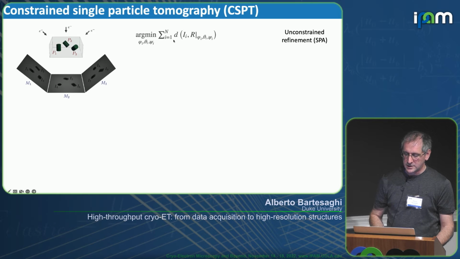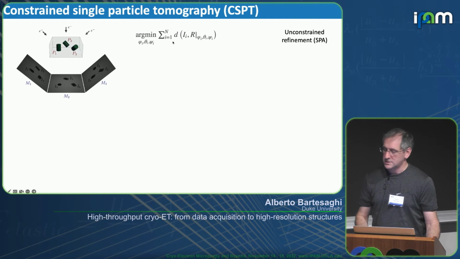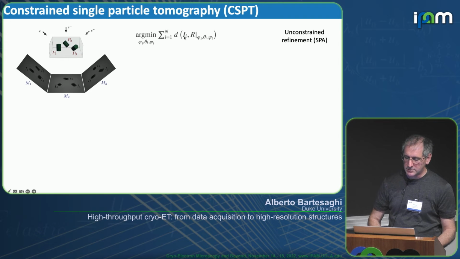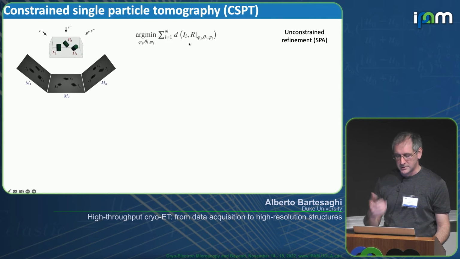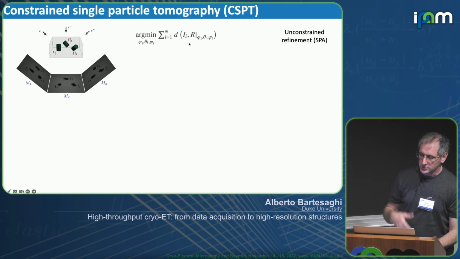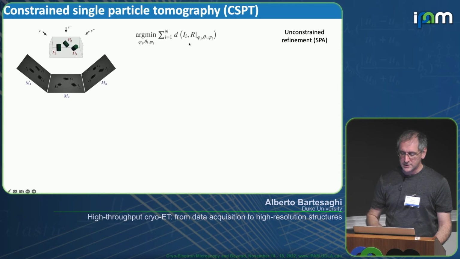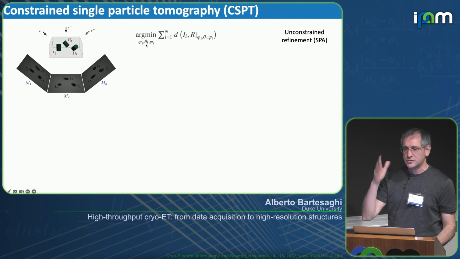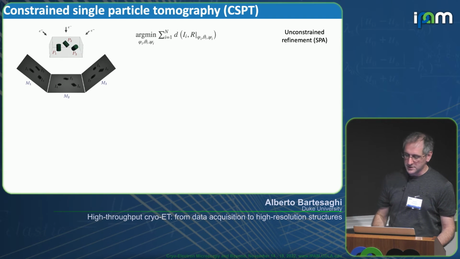And then you're trying to find the poses that minimize this quantity. So this quantity represents the match between the individual images and the projections of the 3D reference in that particular orientation. So you do that for all the particles, and now you find the angles that minimize that function, and that's what I call the unconstrained refinement, which is like your typical single particle analysis.